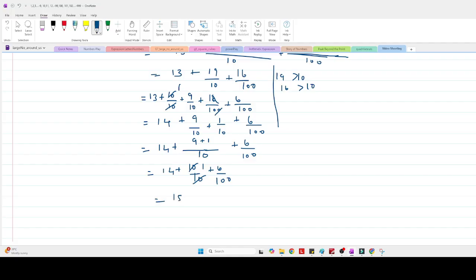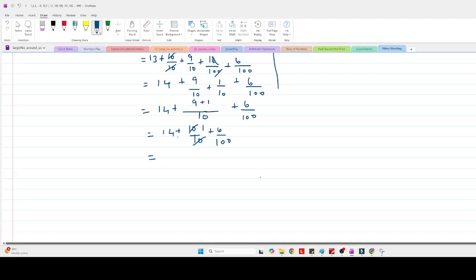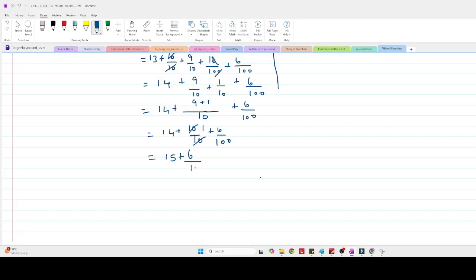So 14 plus 1, which is 15, plus 6 by 100. So we can call it 15 and 6 by 100. Or we can write it as 1506 divided by 100. Or 15.06. In words, we write 15 and 6 hundredths.